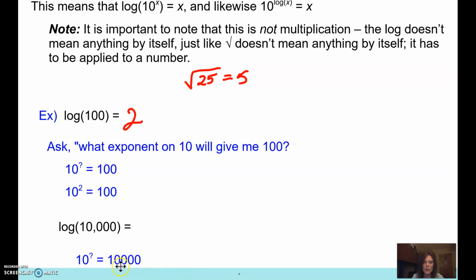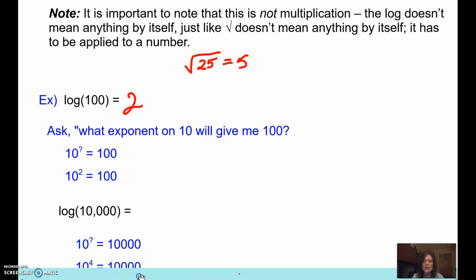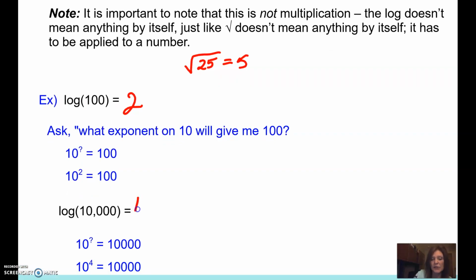So how many zeros? 1, 2, 3, 4 zeros. So I know that 10 to the fourth equals 10,000. So the answer for this one would be 4. So when you see log of something, it just means find the exponent on base 10 that will give me that answer.